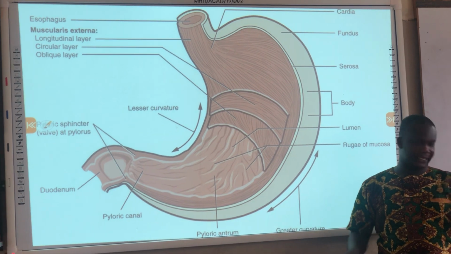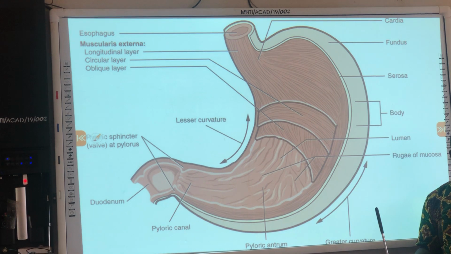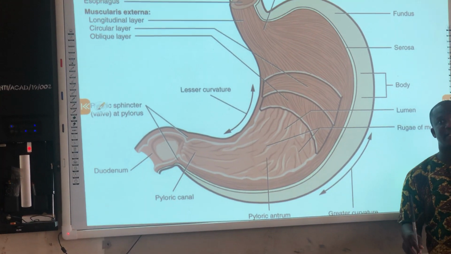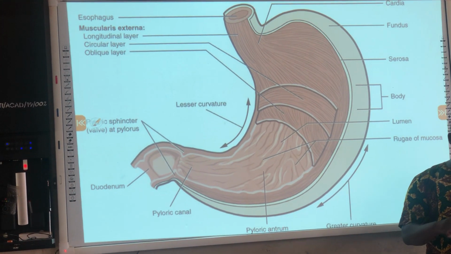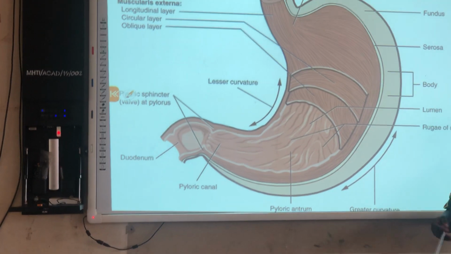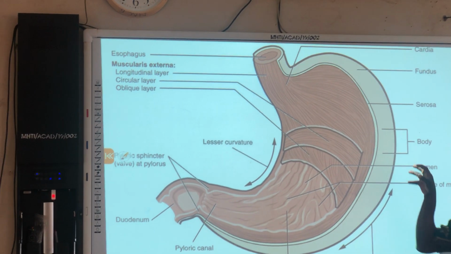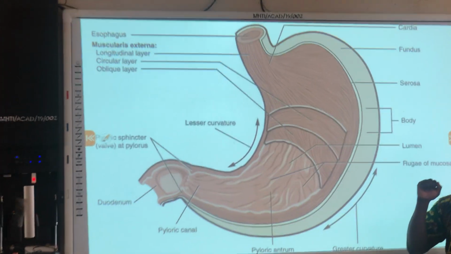Superiorly, the stomach is related to the liver and the diaphragm. Then, inferiorly, it is related to the transverse colon and the small intestines. So we are going to take the macroscopic landmarks of the stomach and discuss them one by one.